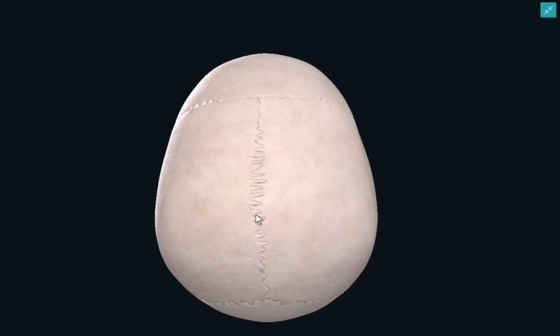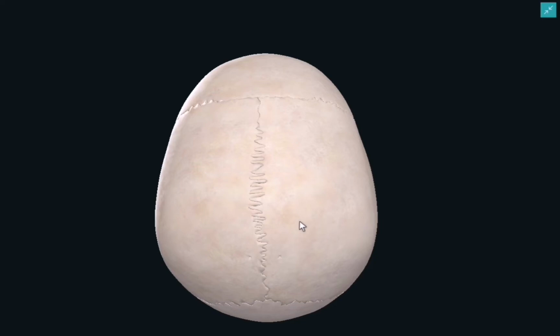The highest point of the sagittal suture is called the vertex. There are two openings on both sides of the sagittal suture, called parietal foramina. Parietal foramina allow passage of the emissary veins. Emissary veins connect the veins outside the skull, the scalp veins, with the dural venous sinuses.